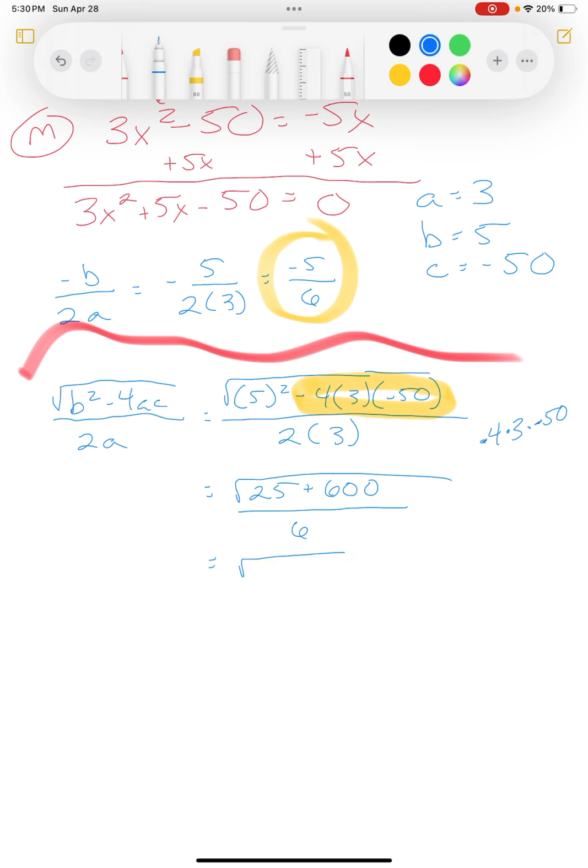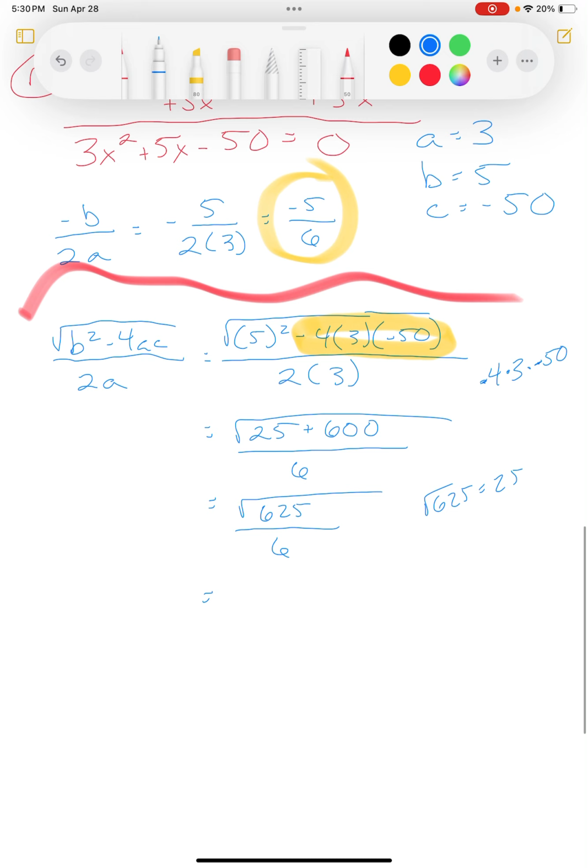I'm going to keep going here and do what's 25 plus 600, which is 625, all over 6. Now I'm going to try to square root 625, and the square root of 625 equals 25, so I'm going to have 25 over 6. Now that's part 2 of my answer.